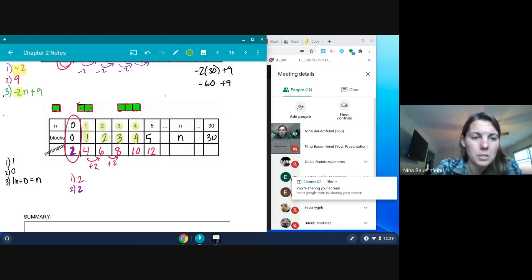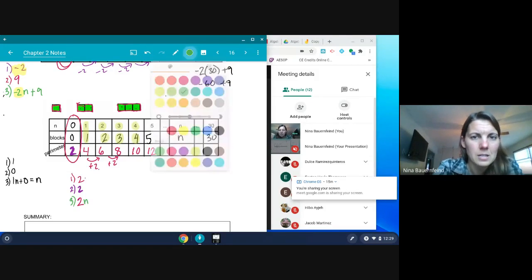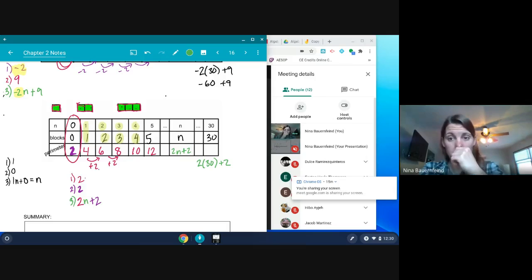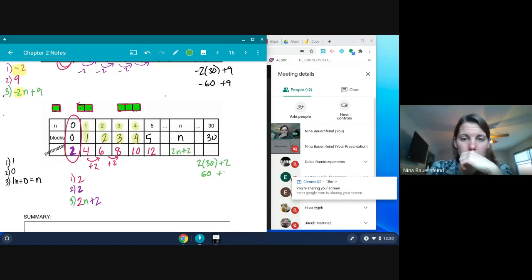So then when we put it into an equation, it's going to become 2n plus 2. And if we put in a 30, 2 times 30 plus 2. What's 2 times 30? 60. 60 plus 2 is 62.